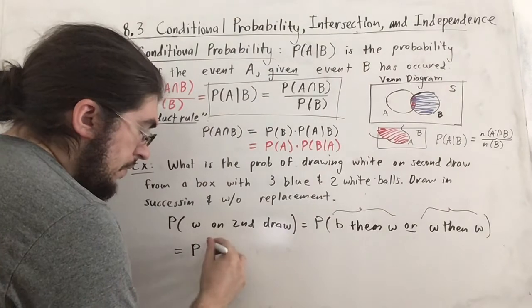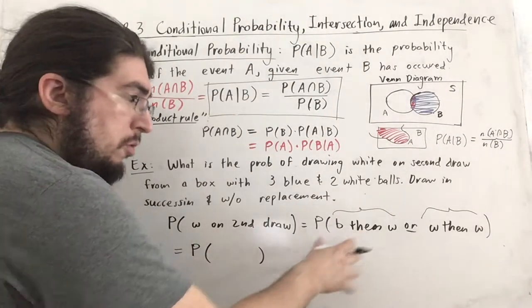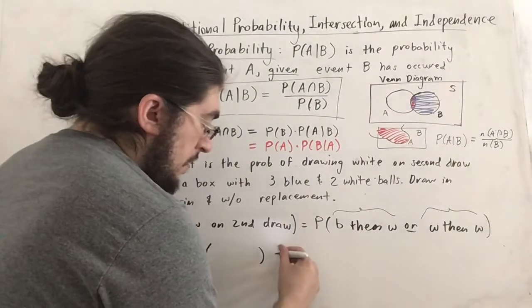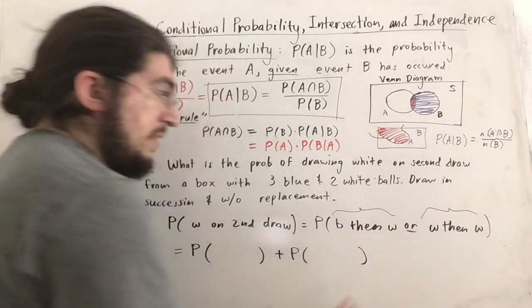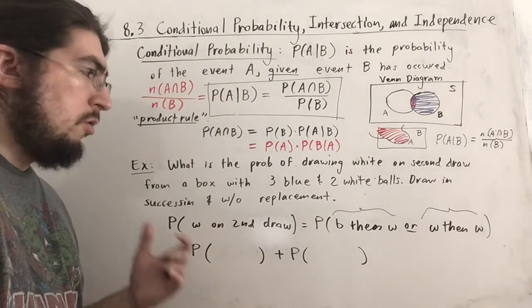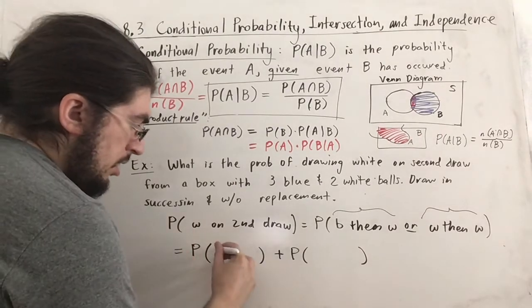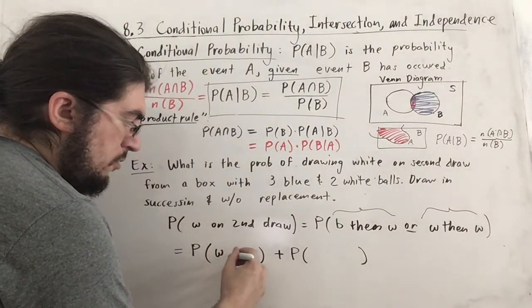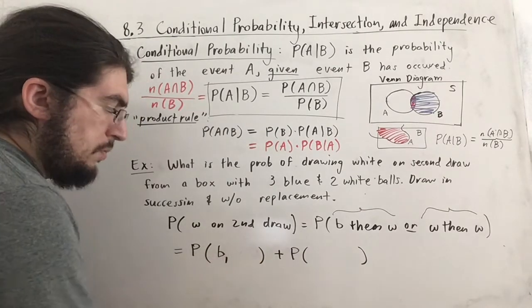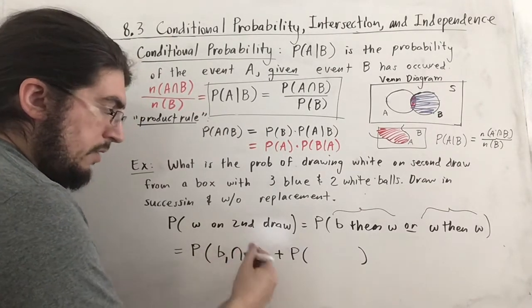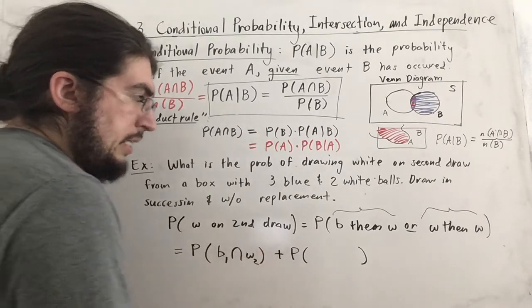So this is going to be the probability of drawing blue and then drawing white on the second, plus the probability of drawing white on the first and then white on the second. The way I'm going to write that is like this. Let's write B1 as blue on the first, intersection, W2 as white on the second.